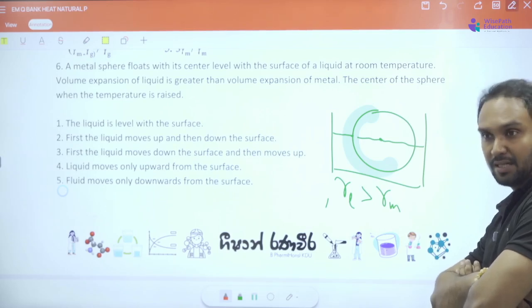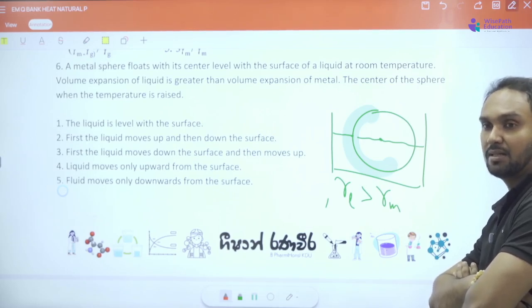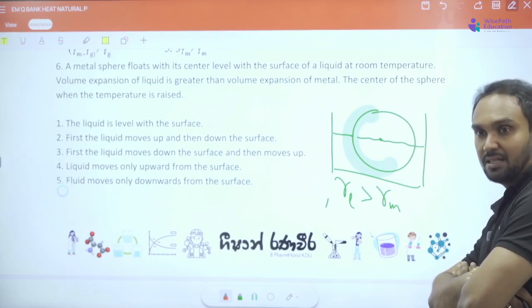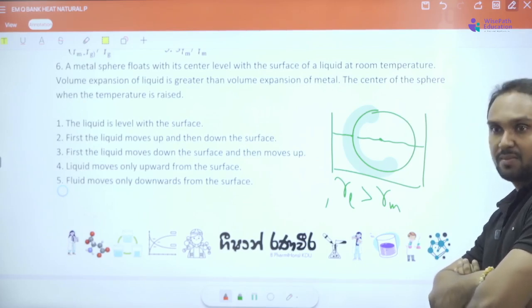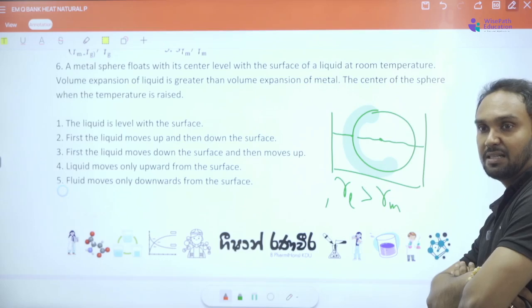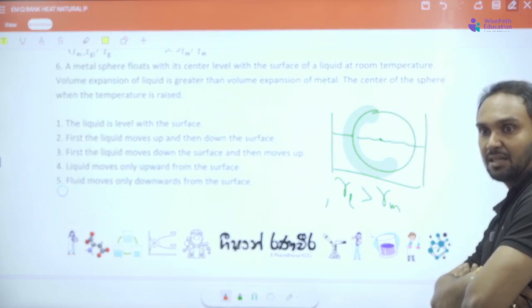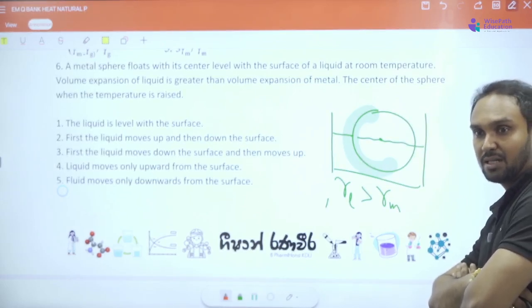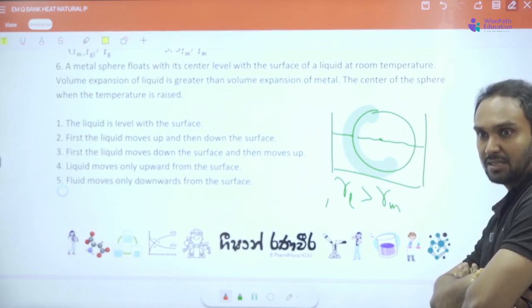If the density of the liquid goes down, or is decreasing, the sphere will actually go down, which means it will sink. So you have to consider if the volume of the liquid is increasing or decreasing compared to the sphere, right?